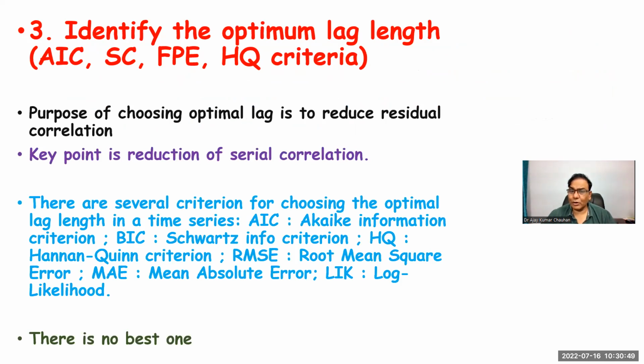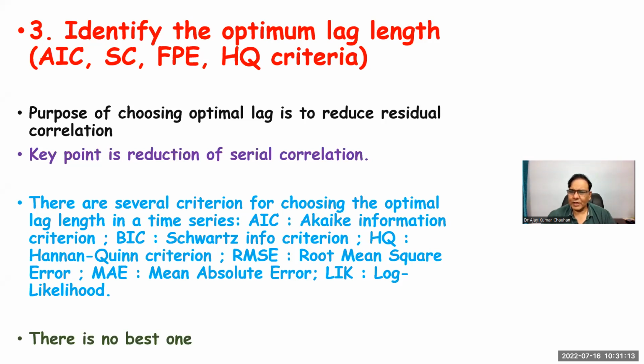In some cases, we adopt the SIC criteria, Schwarz information criteria. In some papers, we take the Hannan-Quinn criteria. I have seen that some papers consider the AIC criteria also. So there is no best one. No criteria is the best criteria.